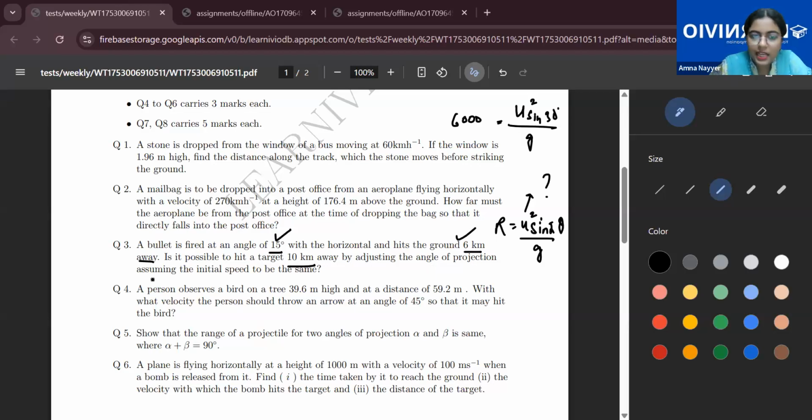It means you are checking what is the maximum range possible from your end. If your maximum possible range is 9 kilometers, because it is more than 6 kilometers, it won't hit 10. If it is crossing 10, then you'll be able to hit it.